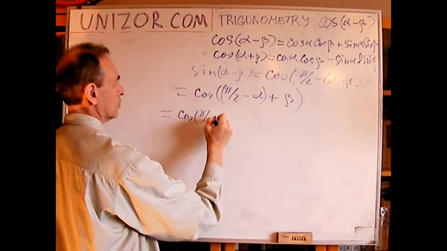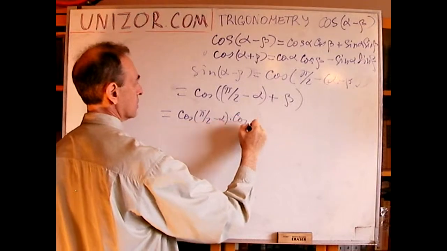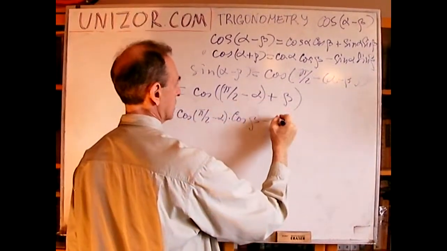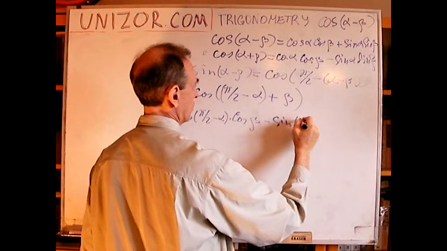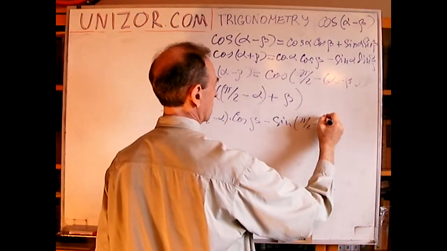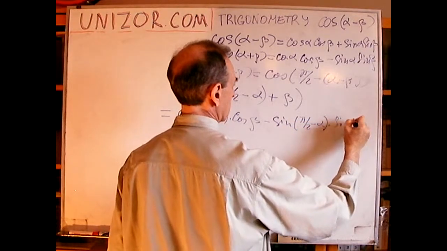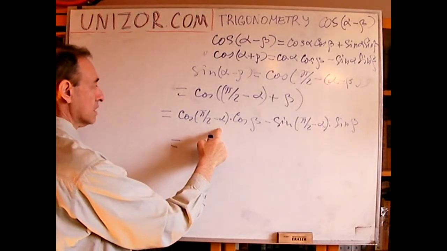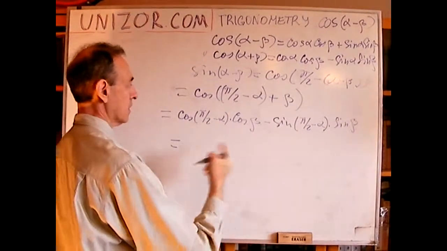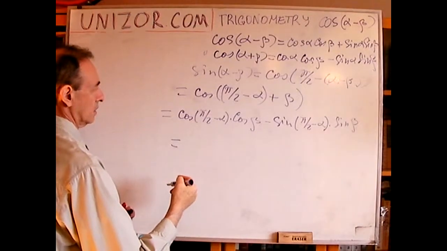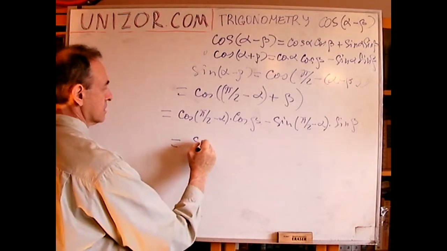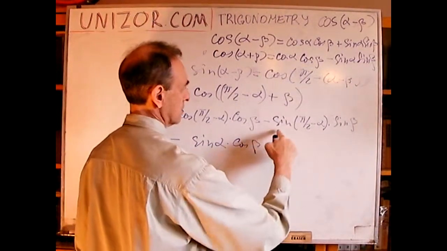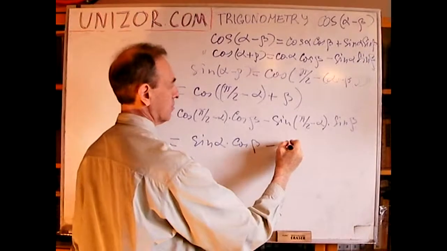Cosine pi over 2 minus alpha cosine beta, minus sine pi over 2 minus alpha sine beta equals... Now, cosine pi over 2 minus alpha is, again, this fundamental identity between sine and cosine, so this is sine of alpha cosine beta, minus... And this is also the same fundamental identity.